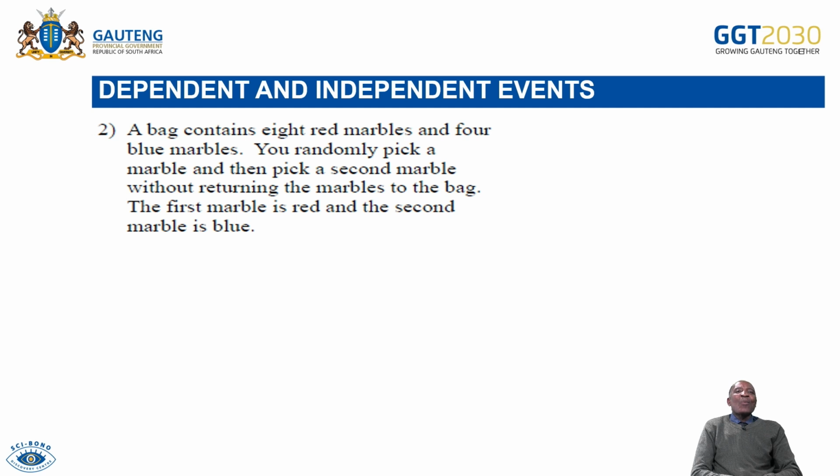You randomly pick a marble and then pick a second marble without returning the marbles to the bag. The first marble is red and the second marble is blue. You may even attach probabilities there. You will see if they are independent or not independent.